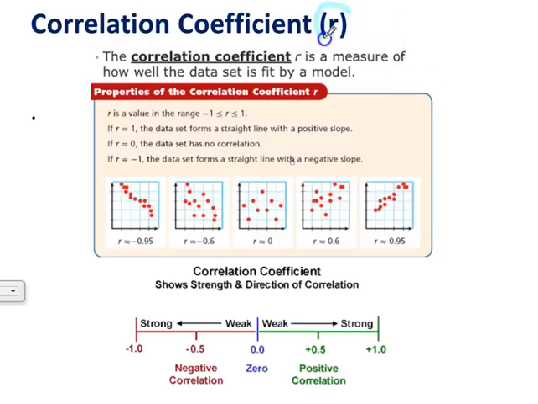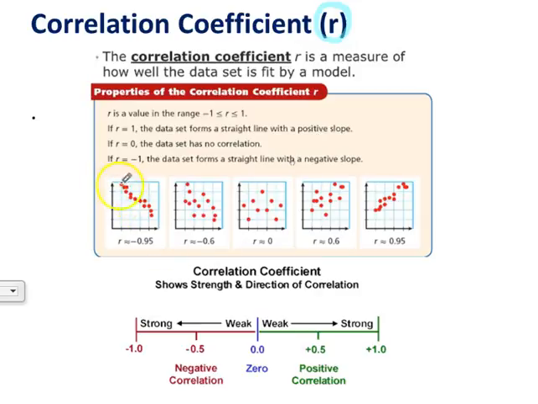Remember, our correlation coefficient is represented by the letter r, and it is a number that lets us know how well the data set is fit by a model. It tells us whether the data represents high or low correlation.